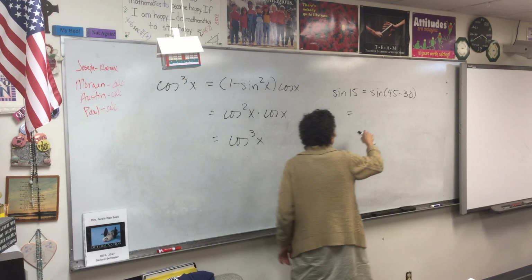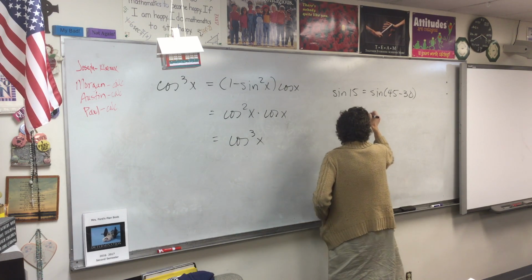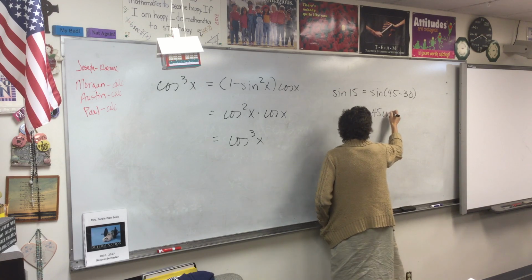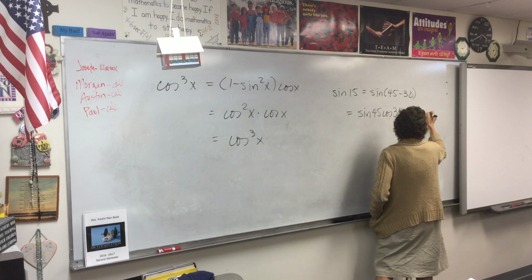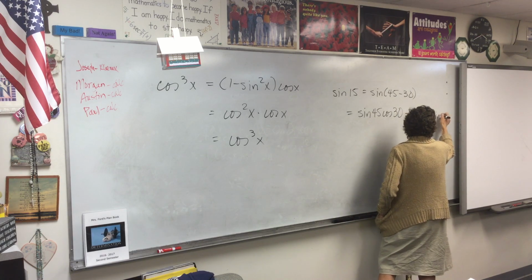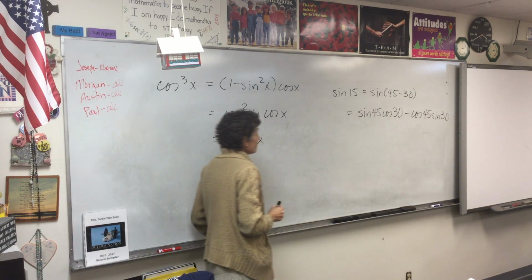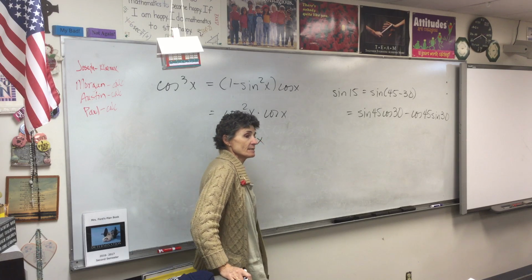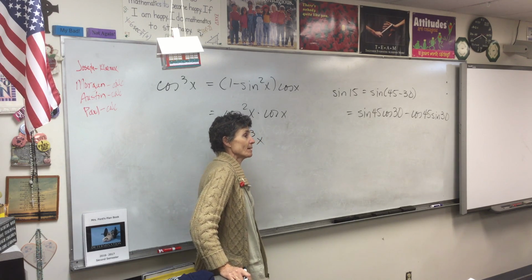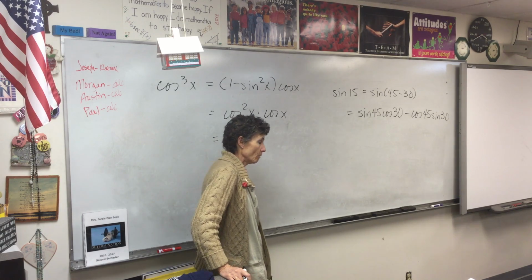So you need to know that sine 45 minus 30 is sine 45 cosine 30 minus cosine 45 sine 30. The formula for the sine of an angle minus an angle is sine of the first, cosine of the second, minus cosine of the first, sine of the second. Here we go.